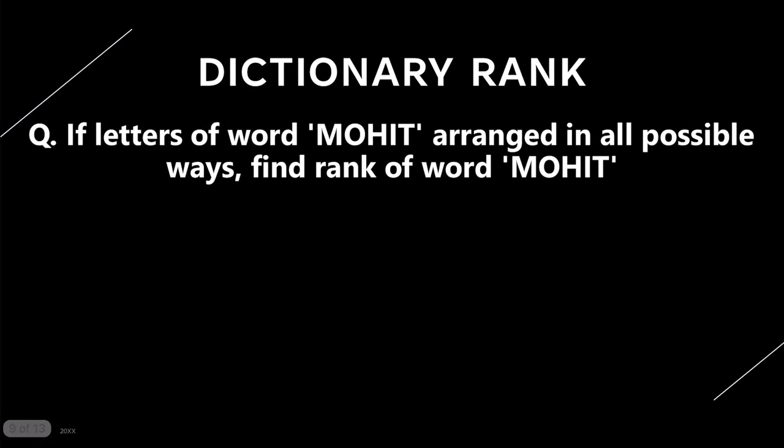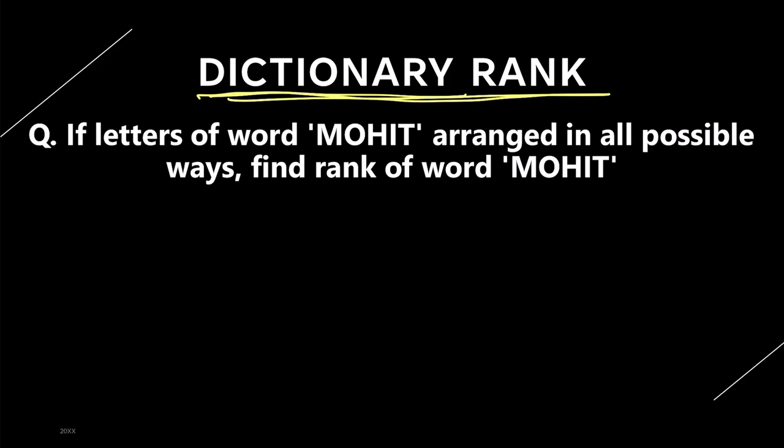Now moving on. Dictionary rank. I have not seen this type of question in previous year questions, but in my understanding from the CAT perspective as well, it is a quite interesting and important topic to know, right? So let's see. I hope you have seen a dictionary.